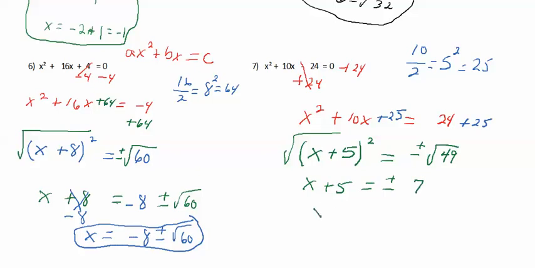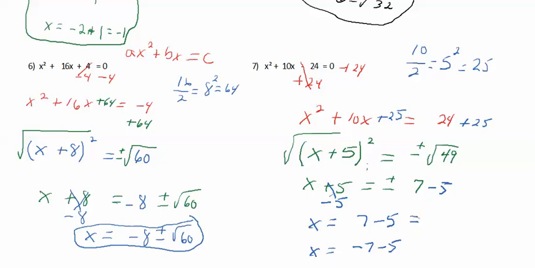Okay, now this one. Next step, I need to subtract 5 from both sides. Change my color one more time. So I'm going to subtract 5 from this side and subtract 5 from this side. So now I have x is equal to 7 minus 5, and x is equal to negative 7 minus 5.